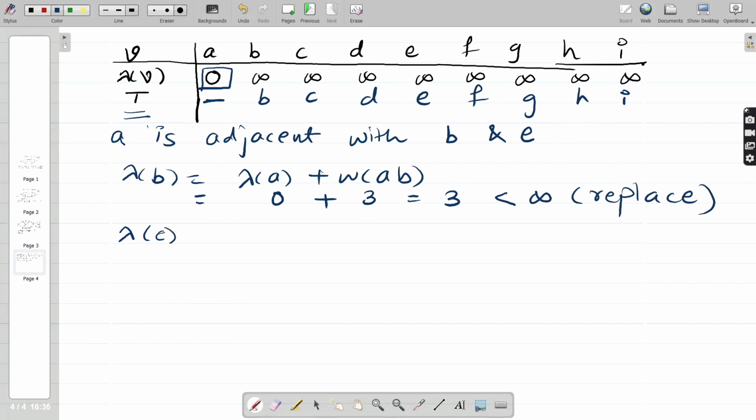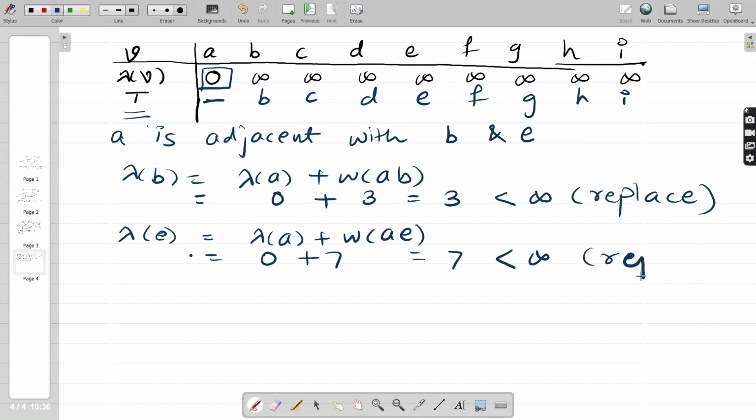Now lambda E also we will calculate along with that. So lambda E will be lambda A plus weight of AE. That is 0 plus 7, which is equal to 7, and which is again less than infinity. So that also we will replace in the next table.